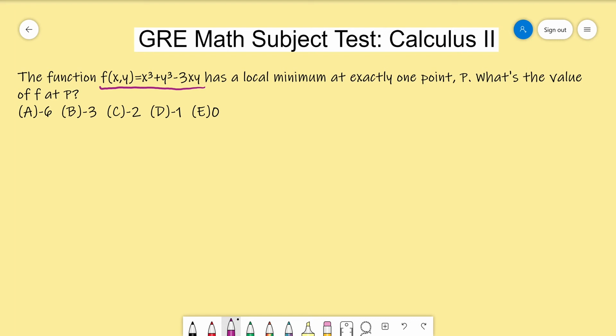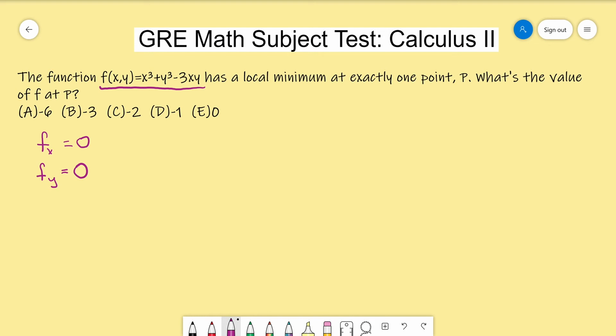So in order to find the local minimum, we're going to have to find the critical points of f, and I'll just remind you that the critical points are the points where fx is equal to 0 and fy is also equal to 0. In other words, where the gradient is equal to 0.